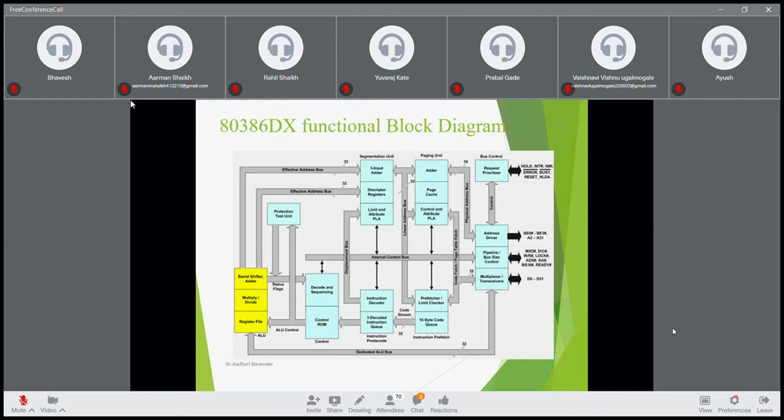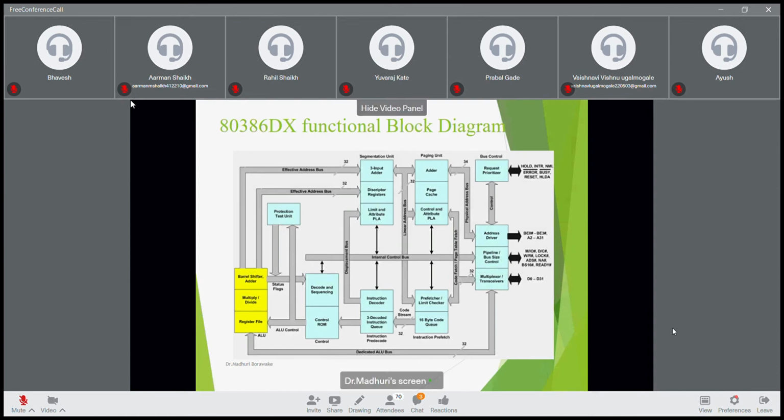Now the bus interface unit, whatever segment address has been generated for accessing the instructions using the IP. IP means instruction pointer, and EIP means extended instruction pointer.